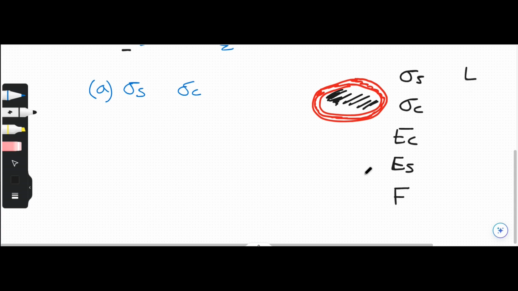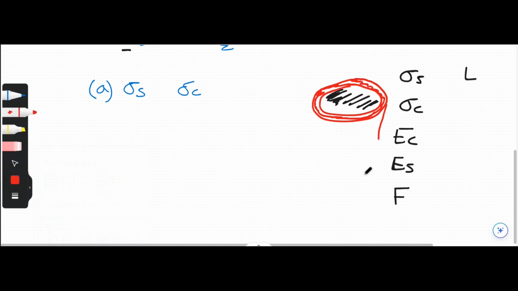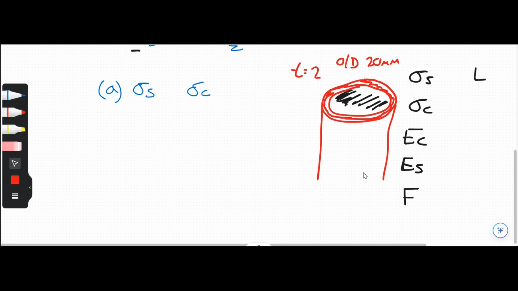We know the length. We also know that this hollow bar has an outside diameter of 20 millimeters and a wall thickness of 2, which means we can also work out the area.